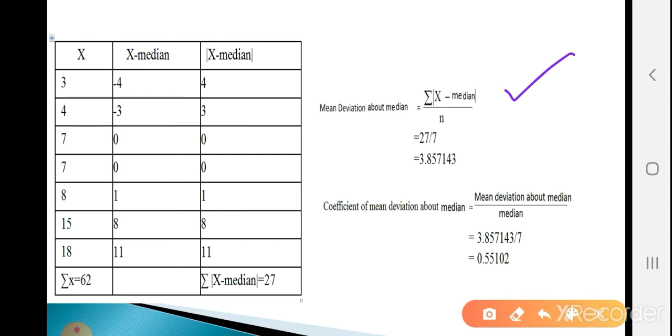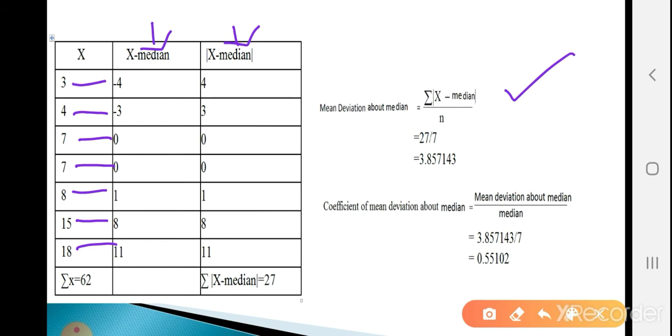So, first make the column x minus median and then make the column mod of x minus median. Subtract 7 from each value of x. So, 3 minus 7 is minus 4. Then 4 minus 7 is minus 3. 7 minus 7 is 0. 7 minus 7 is 0. 8 minus 7 is 1. 15 minus 7 is 8. And last, 18 minus 7 is 11.